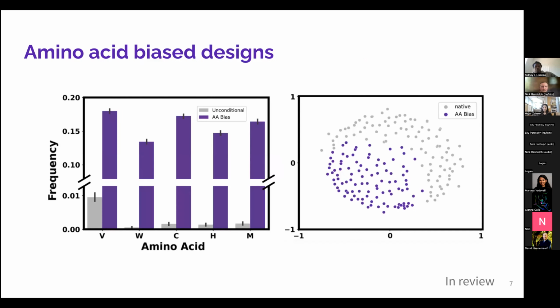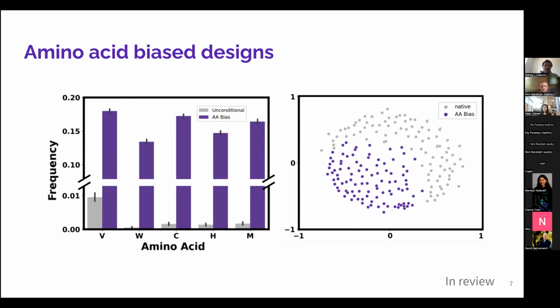And so this is a benchmark showing that our amino acid bias potentials actually work. We did this for rare amino acids, specifically valine, tryptophan, cysteine, histidine, and methionine. And you can see with the bias, the frequency increases to approximately 20% for generated designs, whereas without the bias, you see those amino acids are not as frequent.